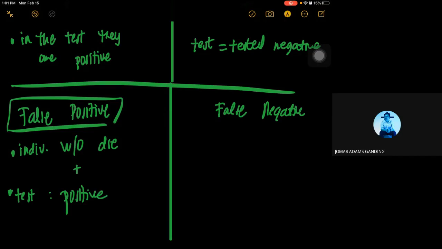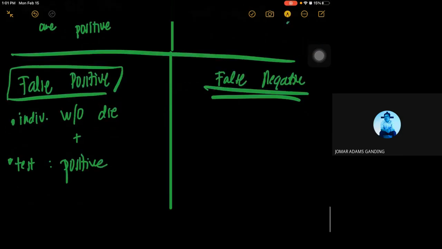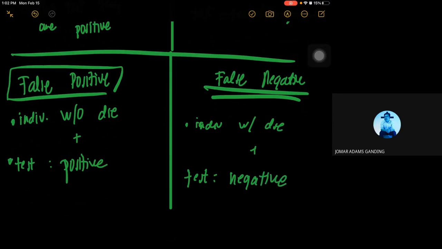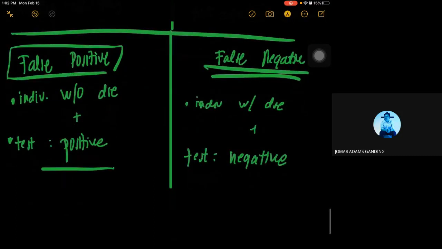What about the false negative? These are individuals with the disease, but the problem is the test result was negative. Is this good? Of course not. Why? Because there will be patients that do not have the disease that will be misdiagnosed, and there will also be patients that do have the disease that will also be misdiagnosed.